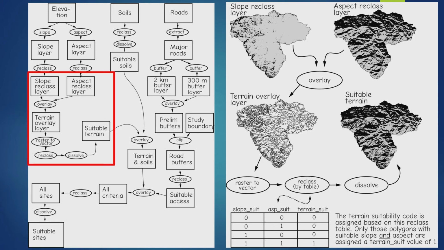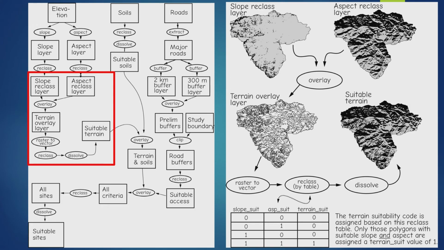We have a column where zeros represent not suitable and ones represent suitable. If you multiply these two columns together, anytime you get a 1, it means they're suitable. You get a 0, not suitable.